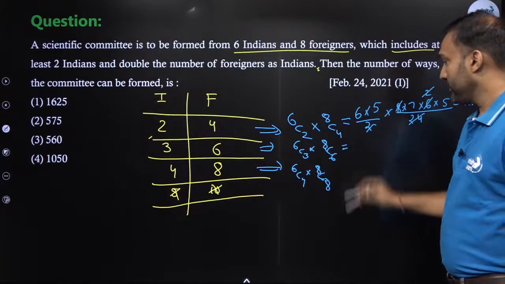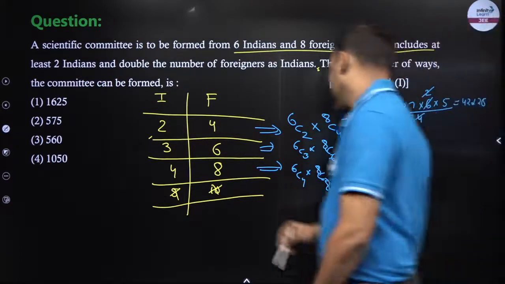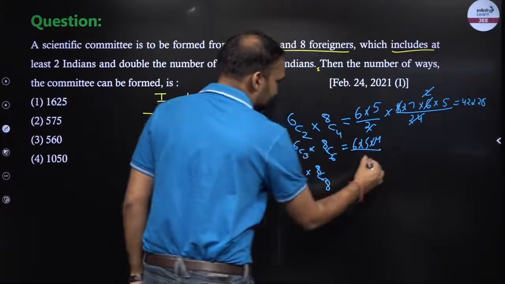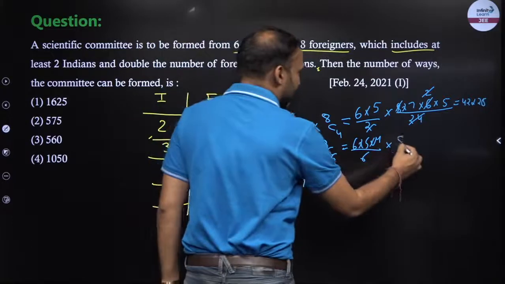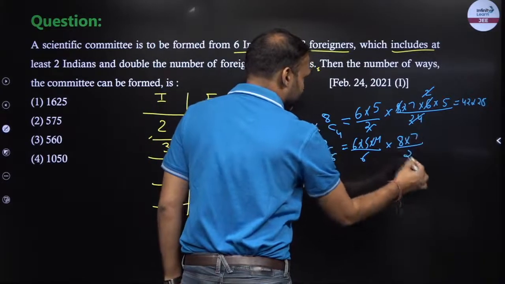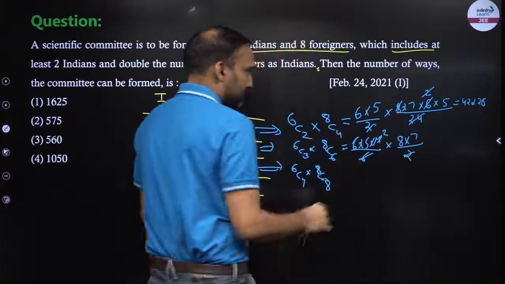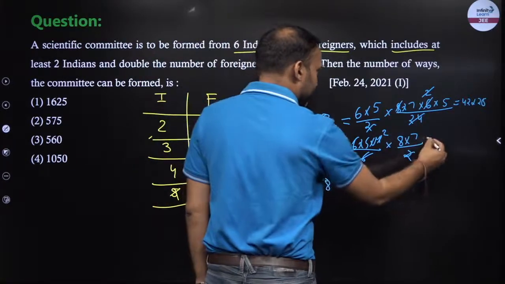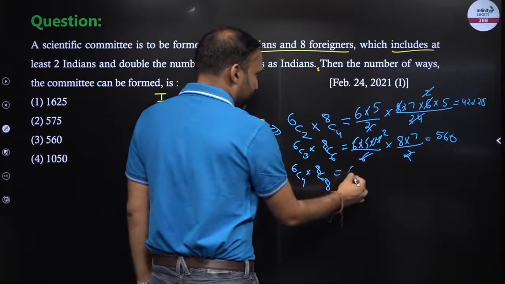Okay. Now this is 6C3. So 6 into 5 into 4 upon 6. 8C6 is nothing but 8C2, so I can apply 8C2 over here. This is 2. So this is 8 7s are 56 into 10, 560. 6C4 is 6C2.